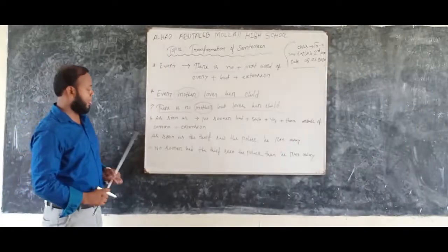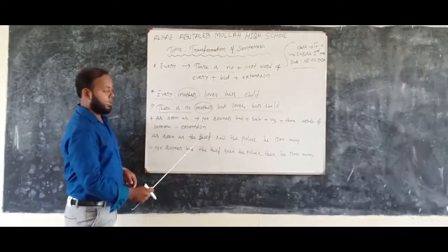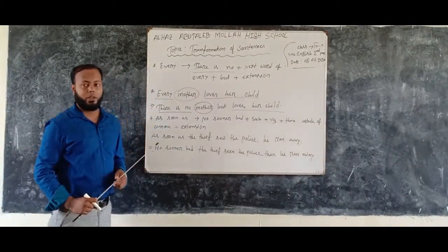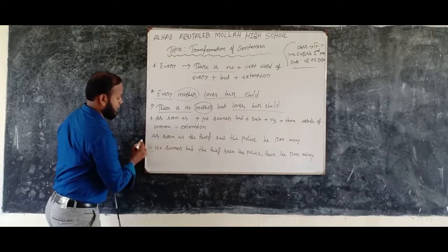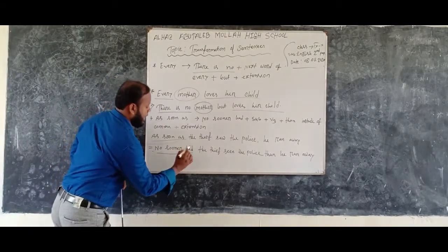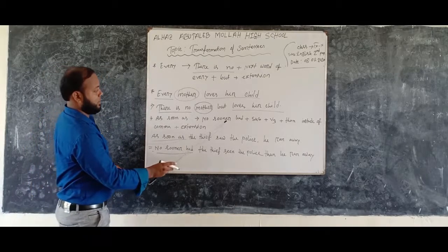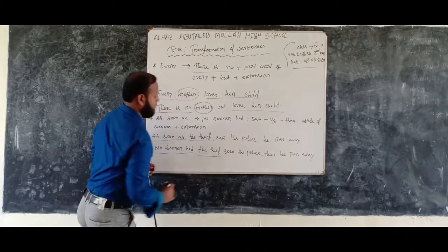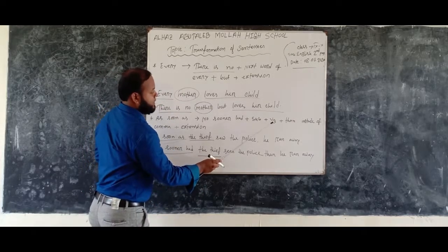For example, as soon as the thief saw the police, he ran. Here we find as soon as. Instead of as soon as, we have to use no sooner had. Then our structure is subject. Here the subject is the thief. Then the verb in past participle form.